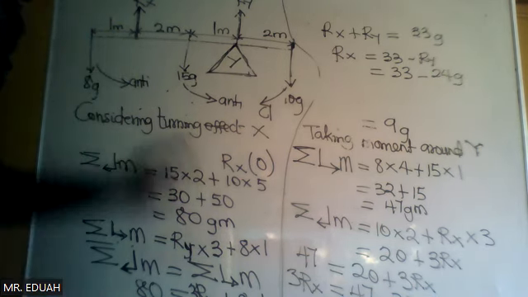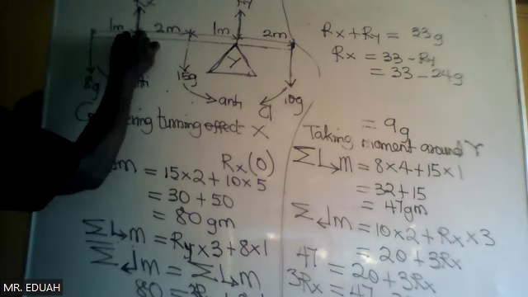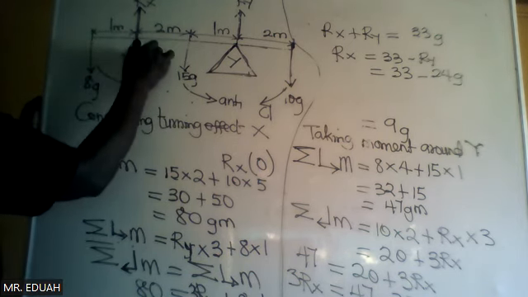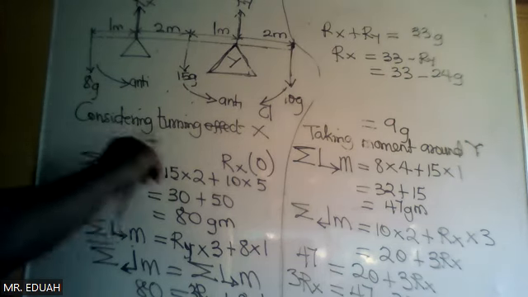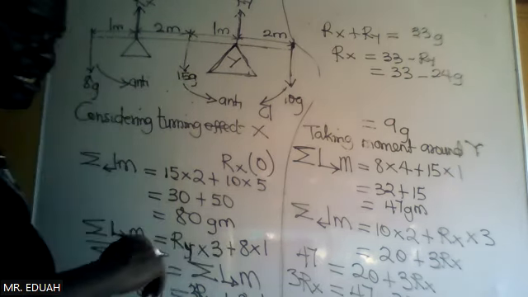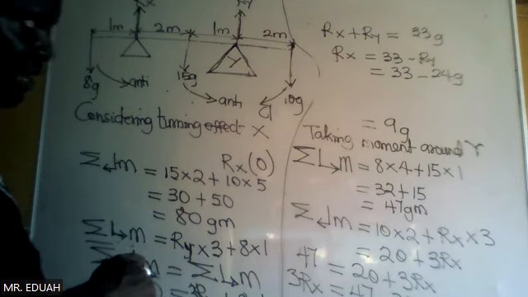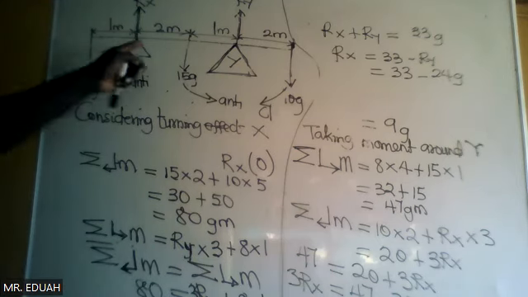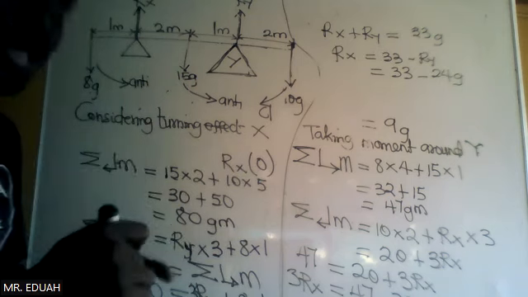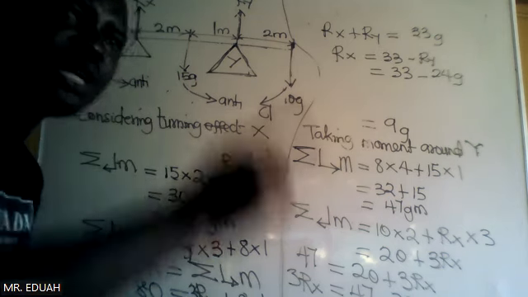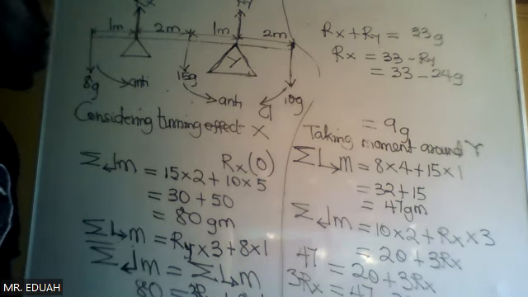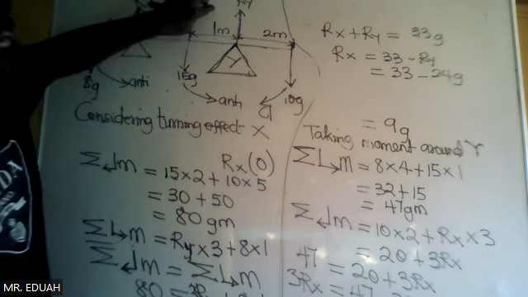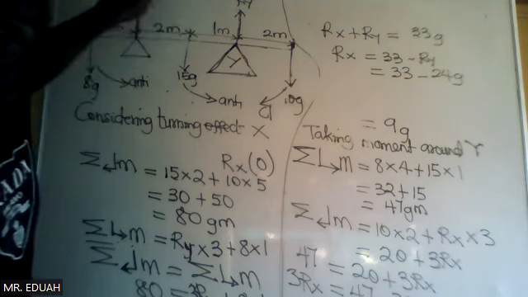When you finish, bring X back, and then take the moment around the other pivot, meaning you have to take the moment around the two pivots to get Rx and Ry.